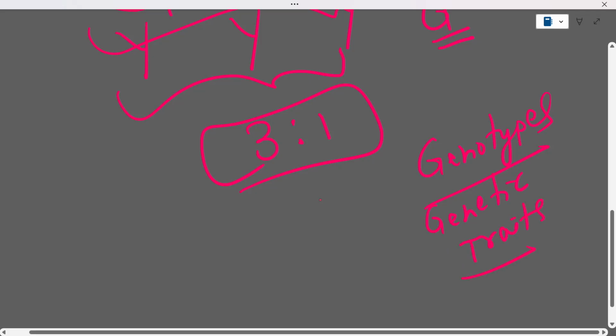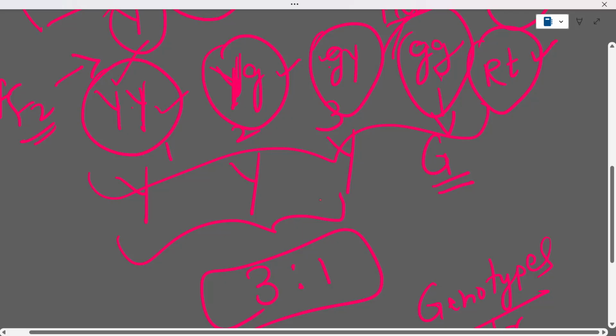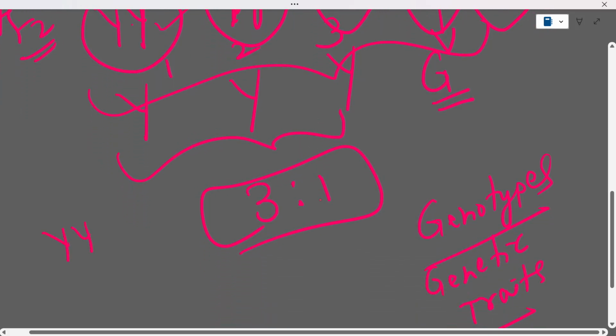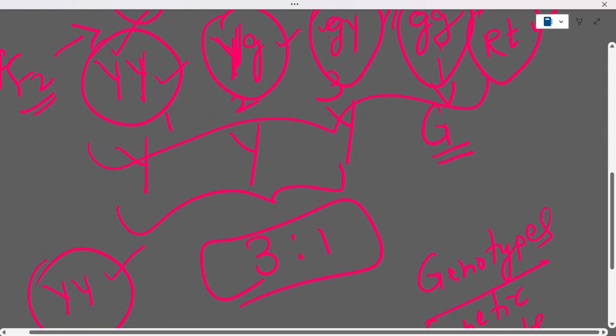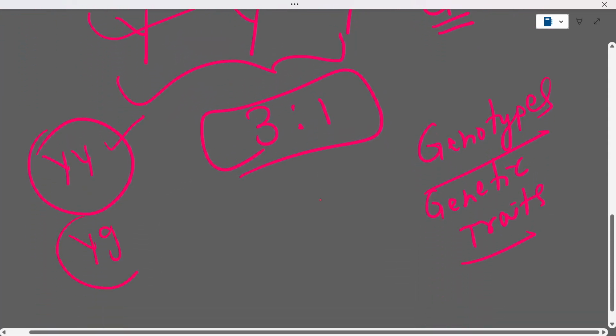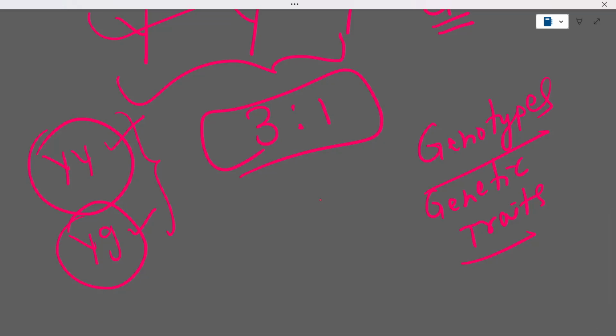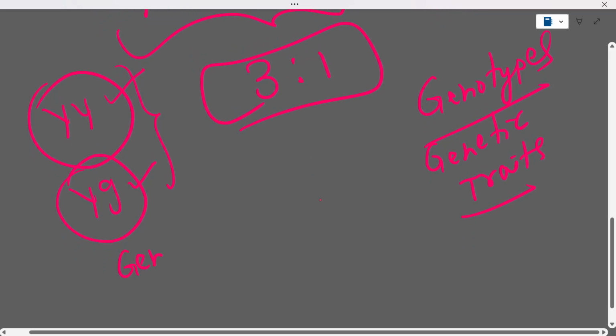So if you see the first, second and third offspring, the first one has both the dominant traits. It is the genetic makeup of the first offspring. And if you see the second one, the genetic makeup of the first and second are different, so their genotype is different. Yet both of them are yellow in color.